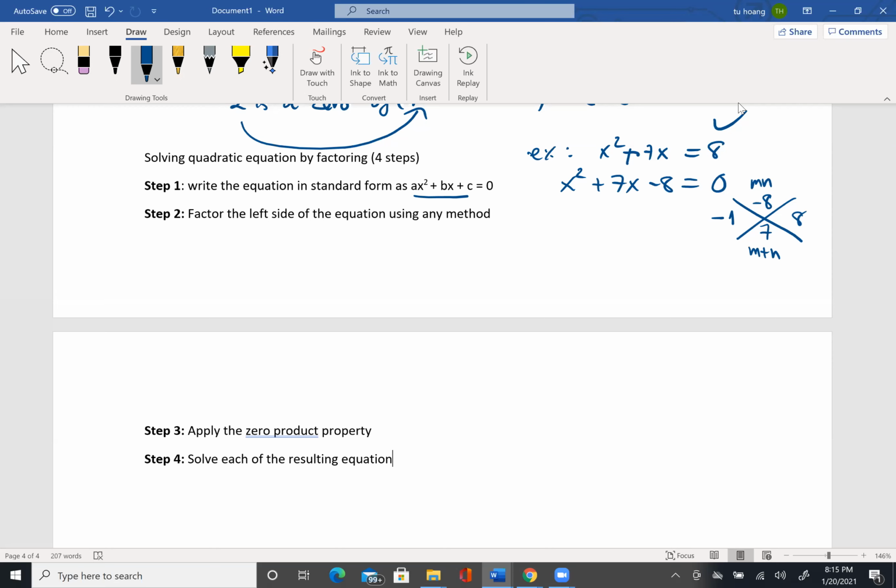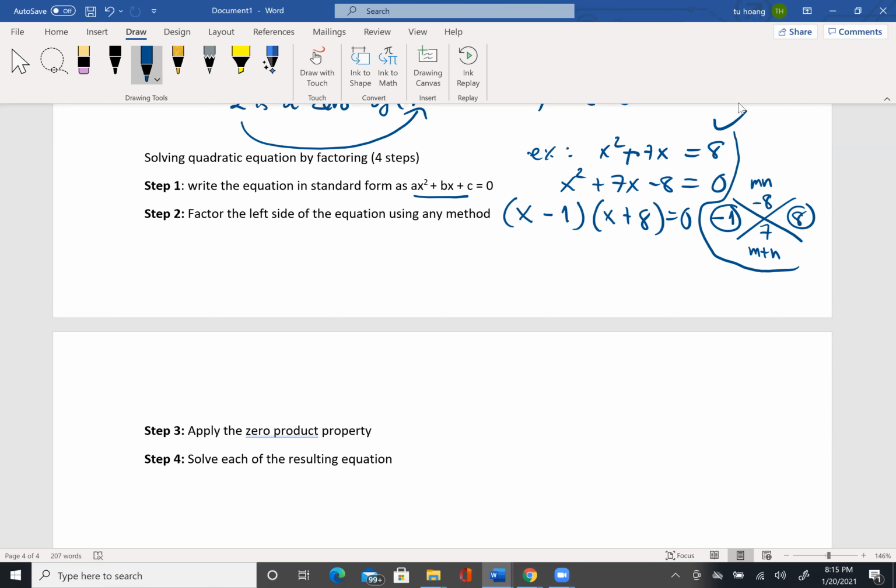So you know that m equals negative 1 and n equals 8. And you're just going to have x minus 1 and x plus 8. That's going to be the factor, right? So equal to 0. That's going to be the factored left-hand side.